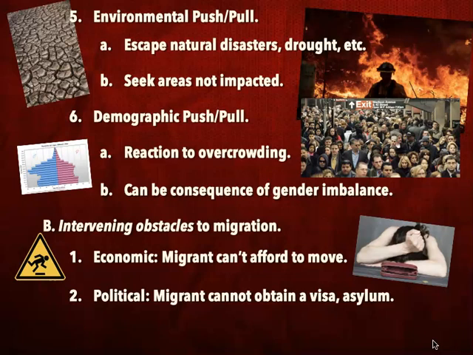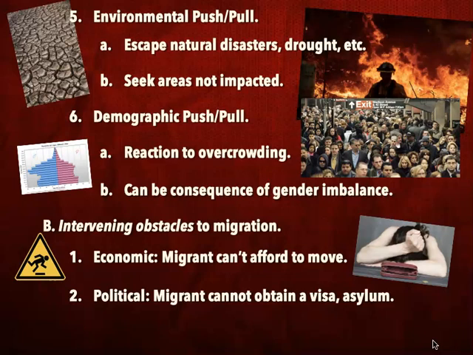And a political intervening obstacle is what you've got right there. Every year, hundreds of thousands, maybe millions of people try to get into the United States, many of them seeking asylum. Not all of them are granted asylum.